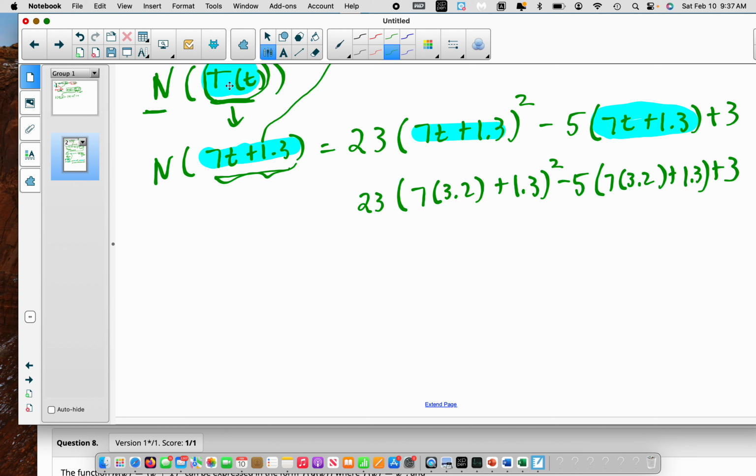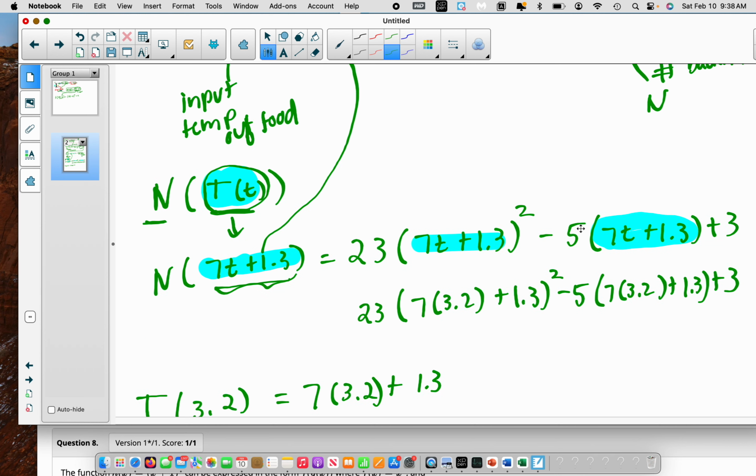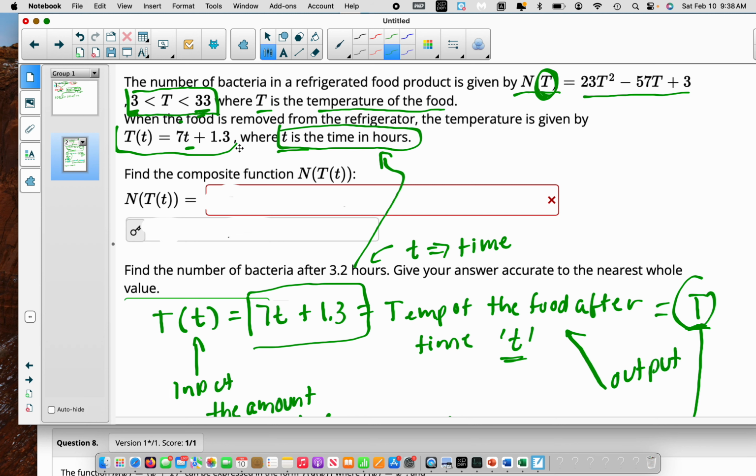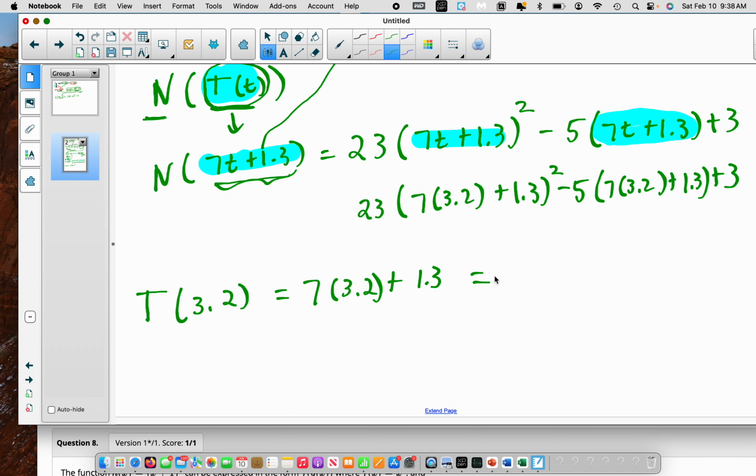The other way I could do it is in 2 steps. I could take my temperature function and input 3.2, 7 times 3.2 plus 1.3, and that's going to give me some number. And then I could input that temperature into my bacteria function.